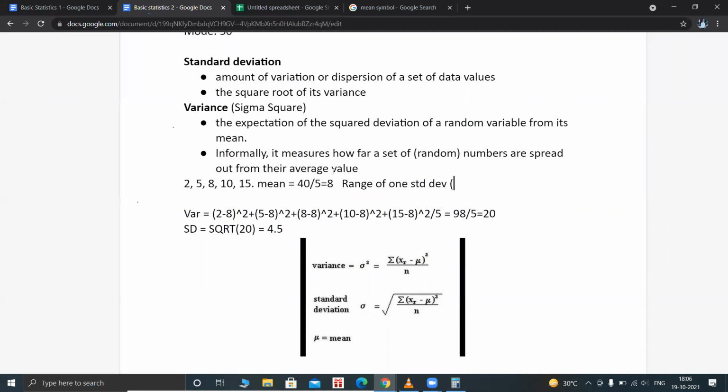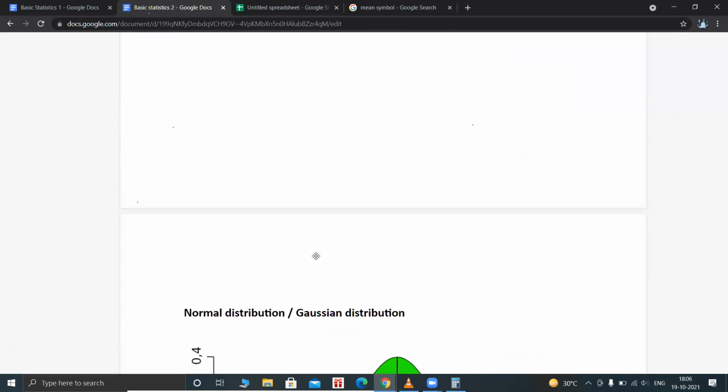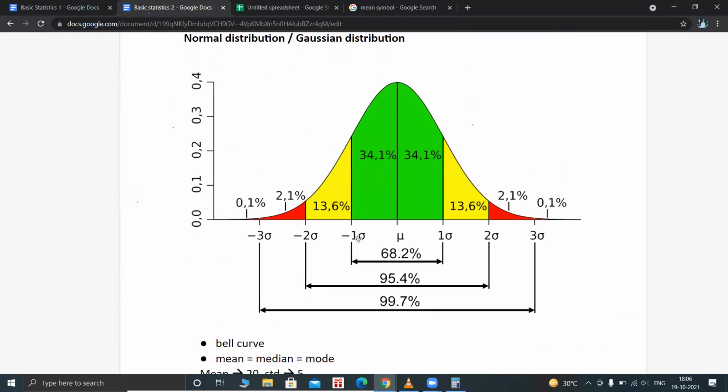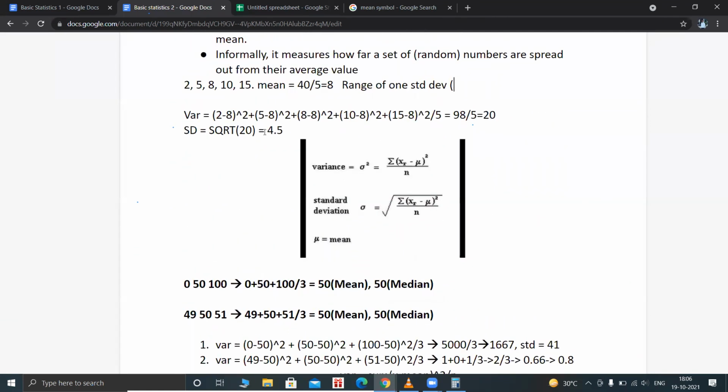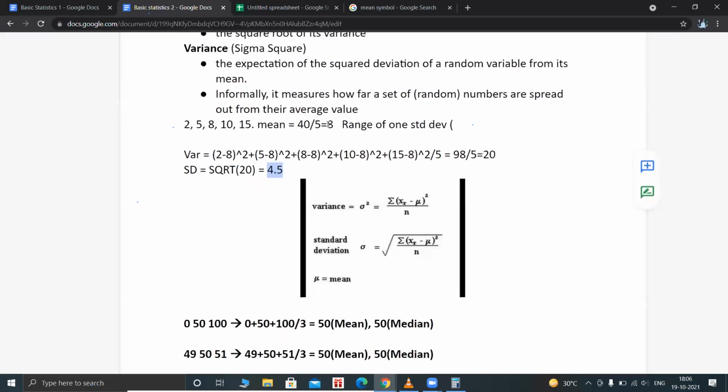On the left side, you're supposed to do -1 standard deviation from the mean. What is the standard deviation here? It is 4.5. 8 minus 4.5, how much, guys? 3.5.